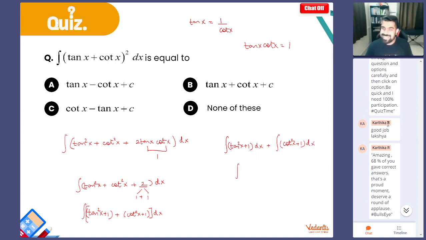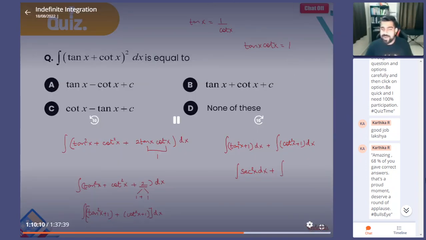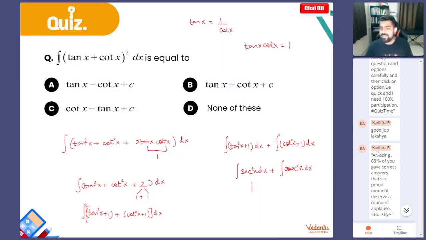Is that okay? Now do you see what's happening? What is 1 plus tan square x? 1 plus tan square x is secant square x. 1 plus cot square x is cosecant square x dx. Now I gave you formula for this. This is tan x. And I gave you formula for this. It is minus cot x plus c. That is how we do it.